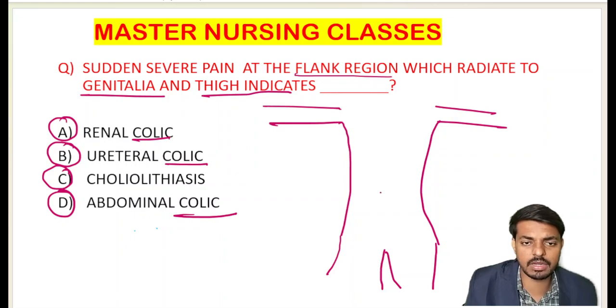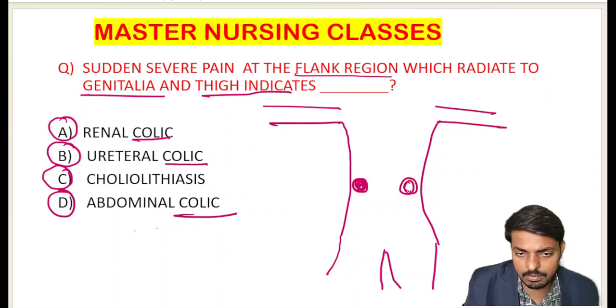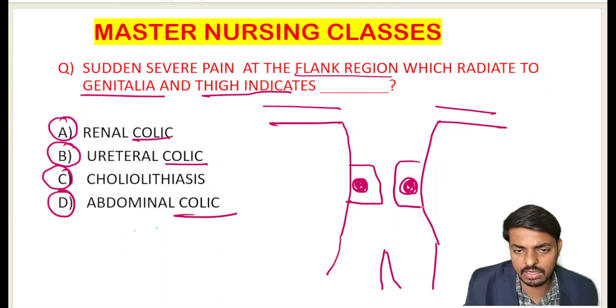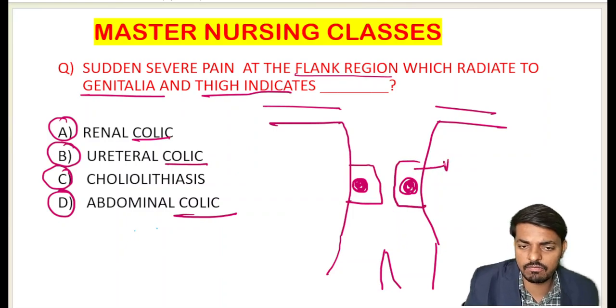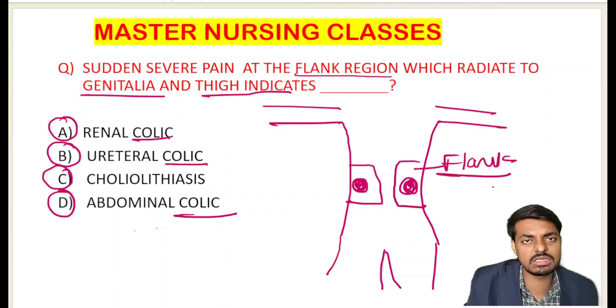Posteriorly, beside the lumbar vertebra, we have the area that we call the flank region, where our kidney is located anatomically. If there is any kidney problem, the pain arises in this area, the flank area.